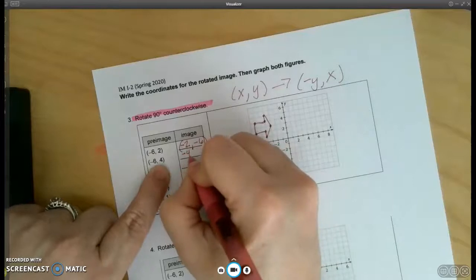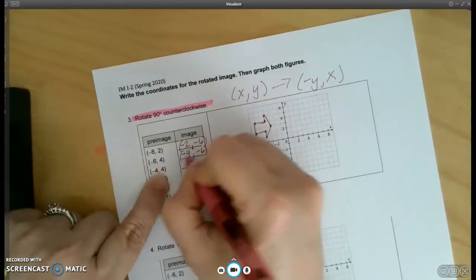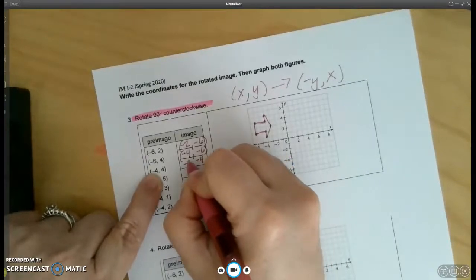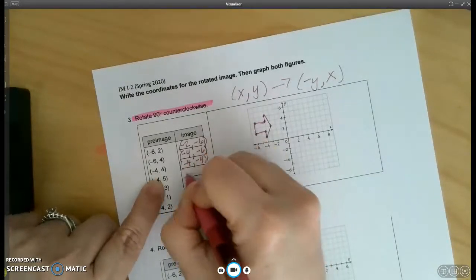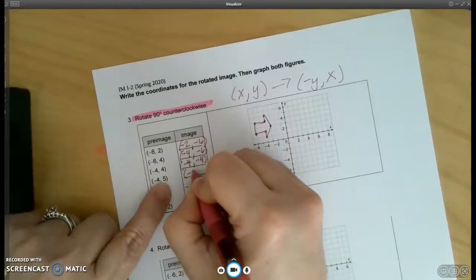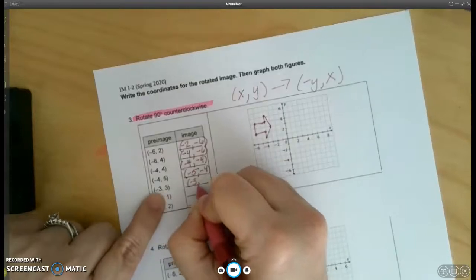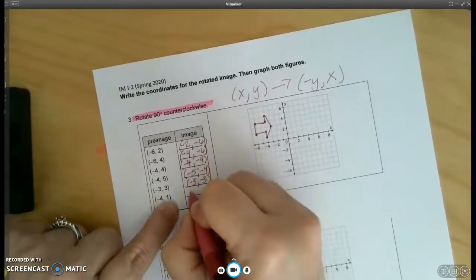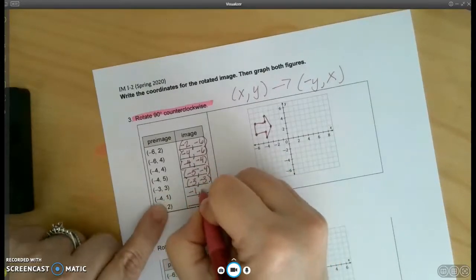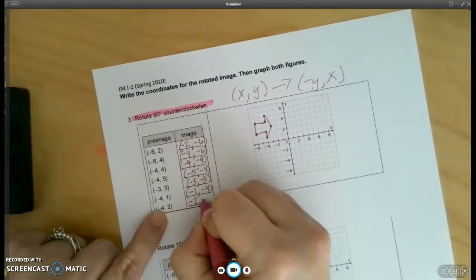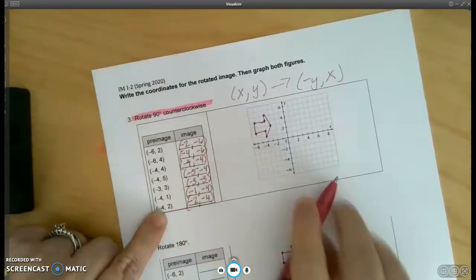Change the y value, leave the x value the same, and repeat for each point.